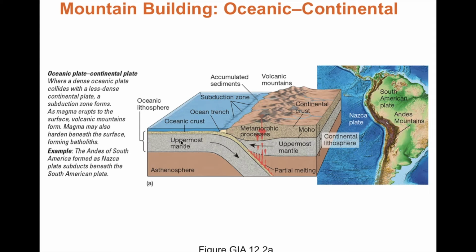You're going to have this part of the oceanic plate subducting, or going under, the continental plate. When oceanic and continental plates collide, the oceanic plate will go underneath because it is more dense than the continental plate.